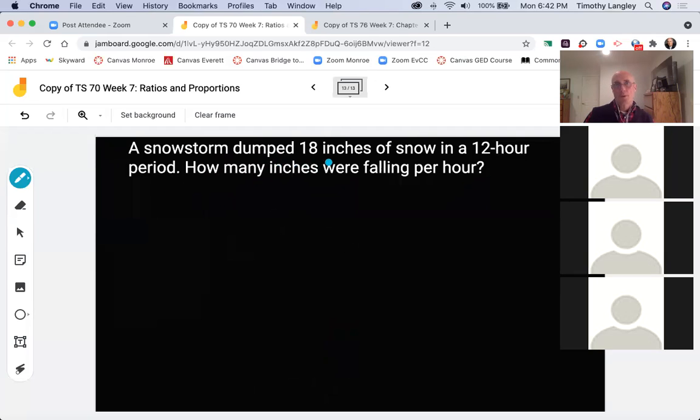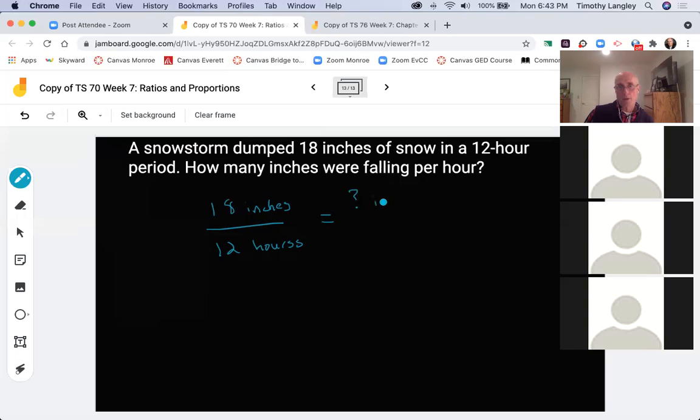A snowstorm dumped 18 inches of snow in 12 hours. So 18 inches, and it dumps this in 12 hours. How many inches? So they want to know X here. This is what they're trying to solve.